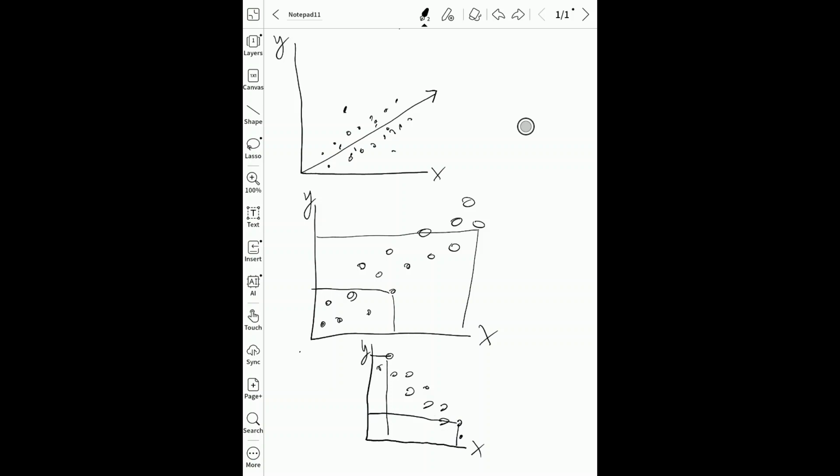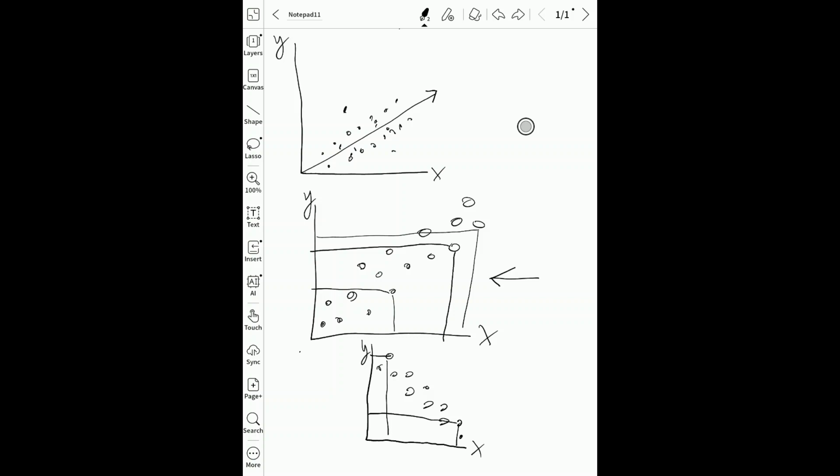In either of these cases, there's a strong correlation, and when there's a strong correlation, it means that if you know something about x, you can make a pretty good guess about y. So if you know that x is going to be high at the same time y is likely to be high, then if you observe a high x value, you can make a decent prediction that the y value is going to be high.